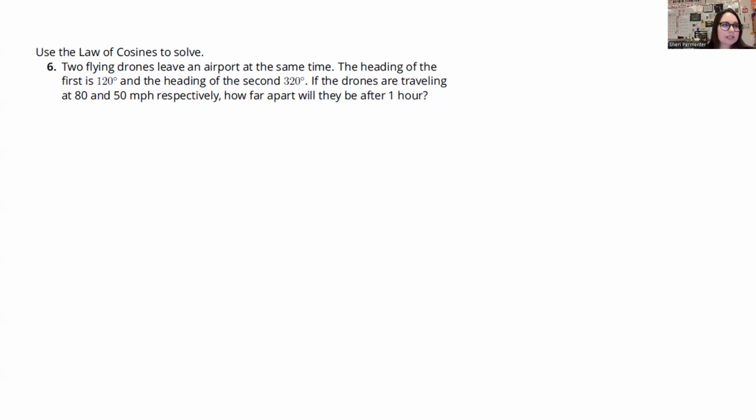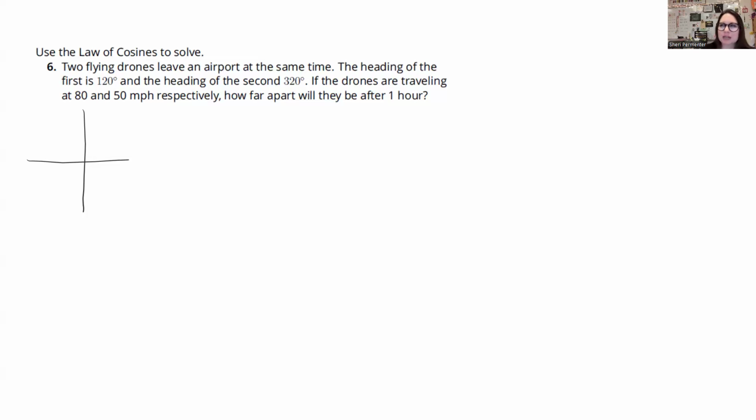So if I sketch out the situation, I'm going to have X and Y, and I'm going to sketch out the directions that they're heading. So a direction of 120 degrees, what quadrant is that going to be in? 2. Yeah, it's going to be in the second quadrant. I don't have to be exact. It doesn't really matter. I'm just making a triangle.